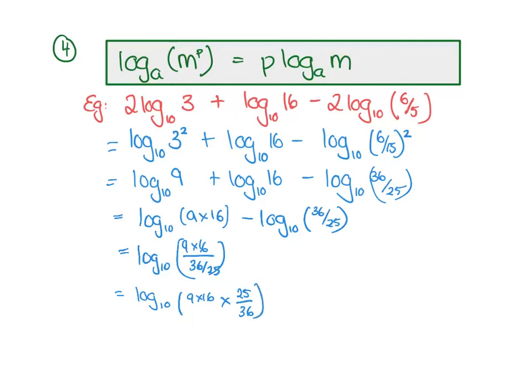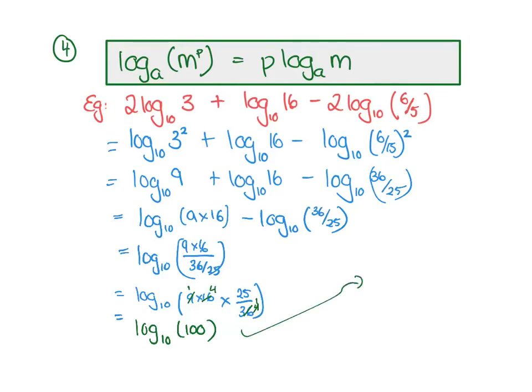Okay, and then you can do all your cross cancelling to make your life easier, so let's do that. So 9 goes into 9 once, 9 goes into 36 4 times, and then 4 goes once and 4 into 4 times, so it ends up being 4 times 25. So we've got log 10 of 100 because 4 times 25.